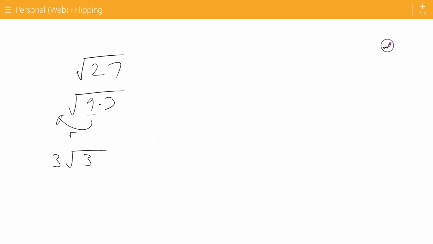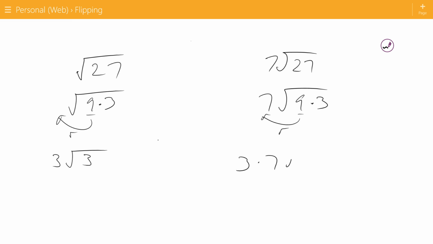If I, again, made it a little bit more interesting, if I had a 7 out here, let's say 7 times the square root of 27, again, the process remains the same. I'm still pulling out this 9, taking the square root of it, so now I have 3 times 7 times the square root of 3, and that's just 21 times the square root of 3.